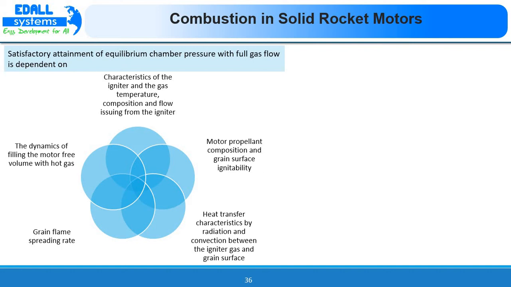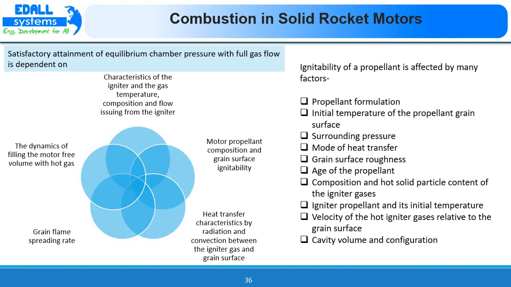To attain this, there are certain factors: characteristics of the igniter and the gas temperature, composition and flow issuing from the igniter, motor propellant composition and grain surface ignitability, heat transfer characteristics by radiation and convection between the igniter gas and grain surface, grain flame spreading rate, and the dynamics of filling the motor free volume with hot gas. So these are the dependent factors for equilibrium chamber pressure with full gas flow.